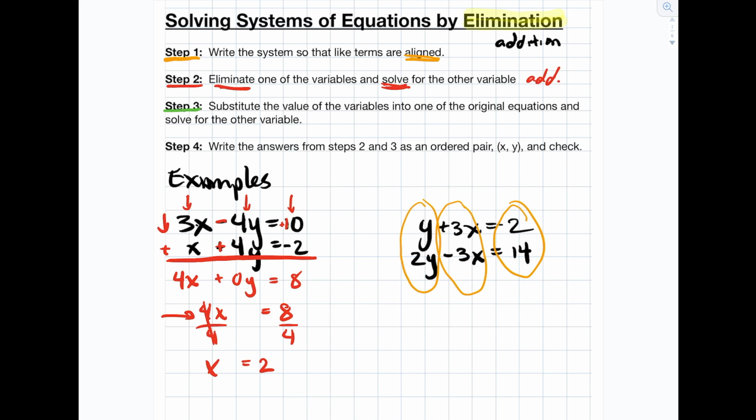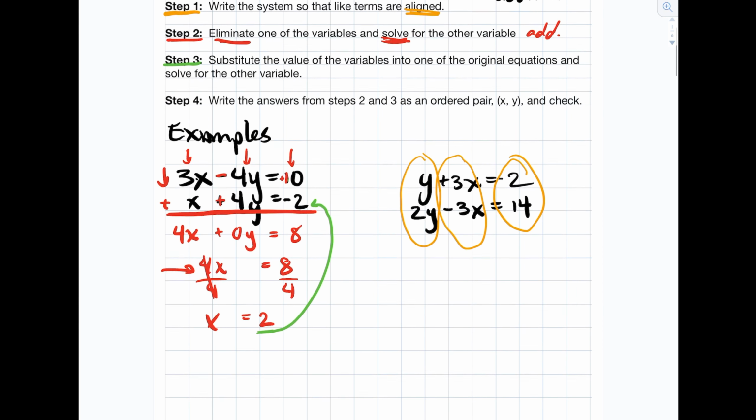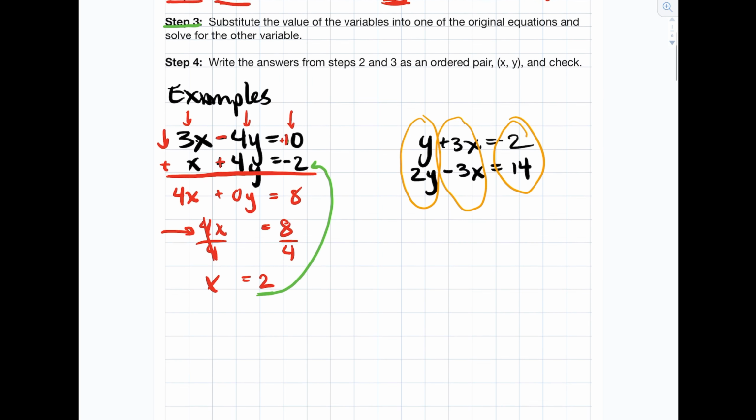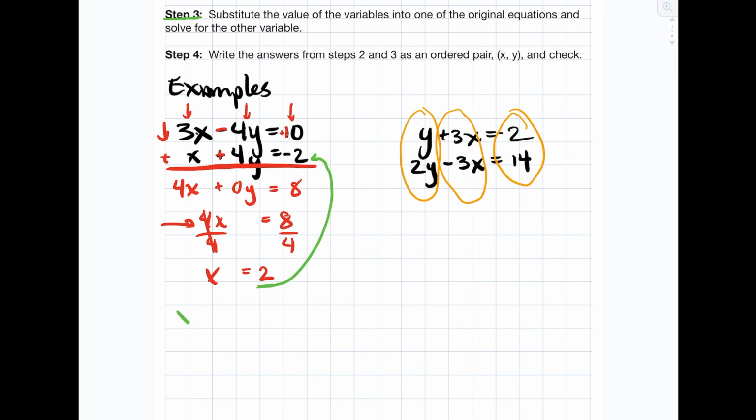Next, step number 3, which is substitute the value of the variable into one of the original equations and solve for the other variable. So I need to take this 2 and plug it into one of the original equations. I'm going to plug it into this one, x plus 4y is equal to negative 2.